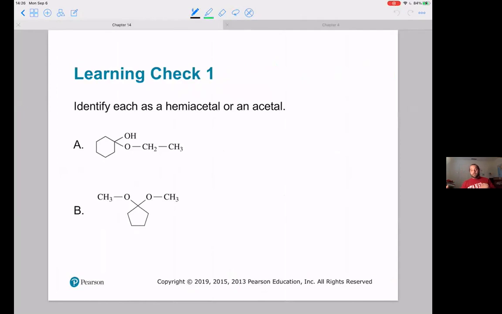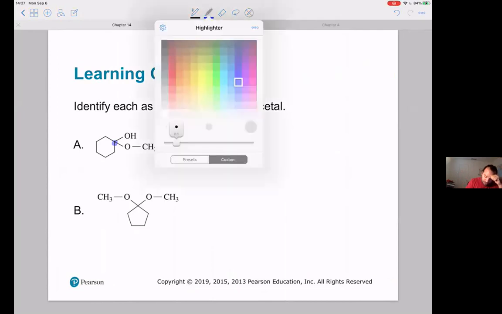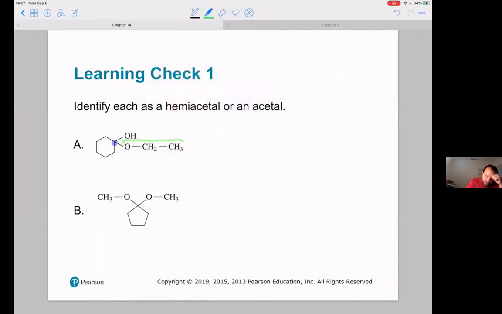So the big steps that we need from this particular set of reactions are, can we identify whether it's an acetal or a hemiacetal? Again, locate what was formerly the carbonyl carbon, the one that has all those oxygens bound to it, and check on either side. Here's an alkoxy group, but here is an alcohol group. So this would be a hemiacetal.